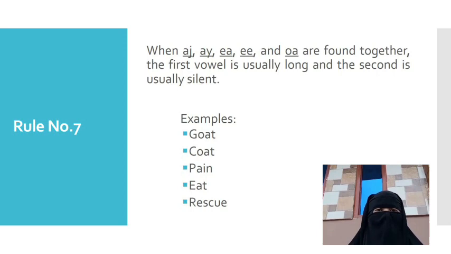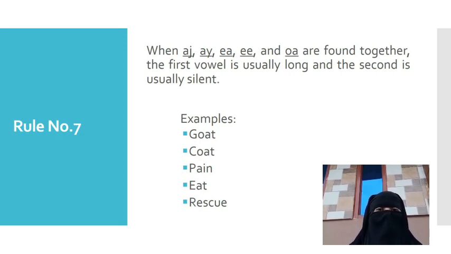Rule number 7 is when AI, AY, EA, EE, and OA are found together. The first vowel is usually long and the second is usually silent. So let's take a look at these examples.